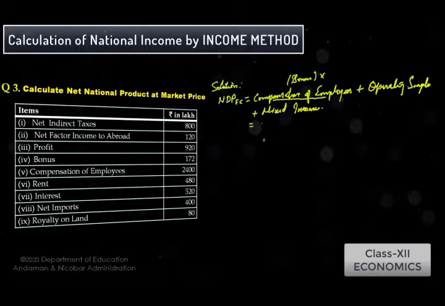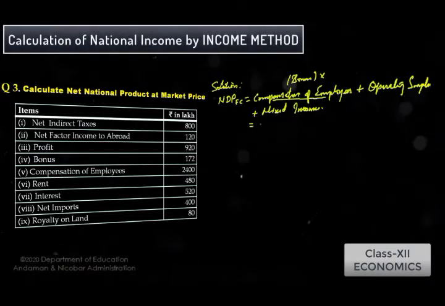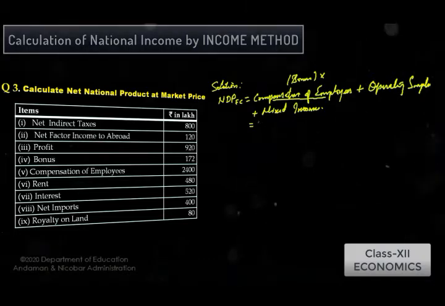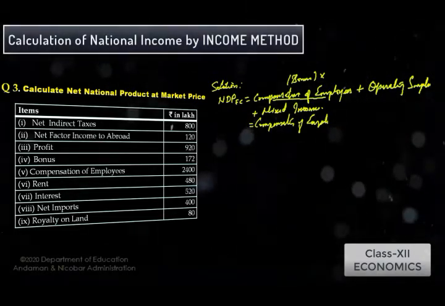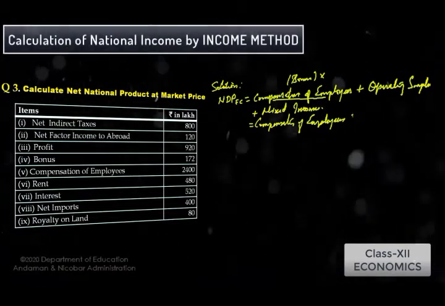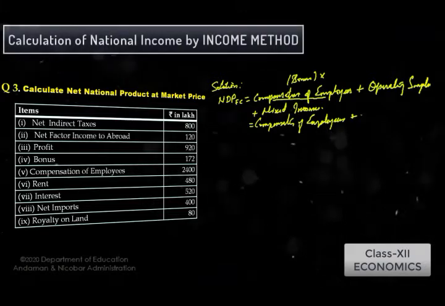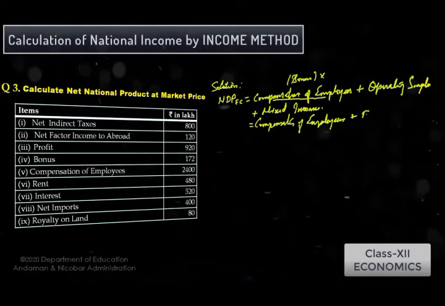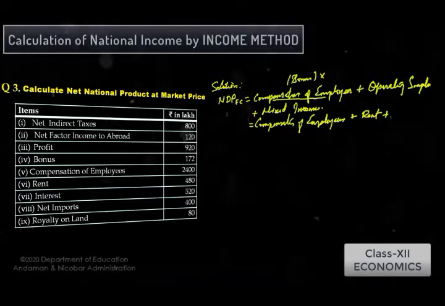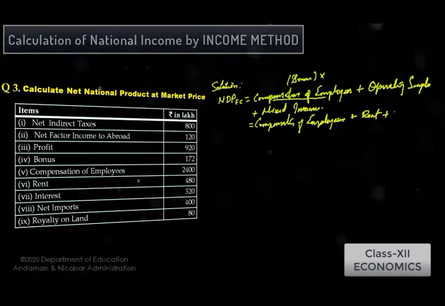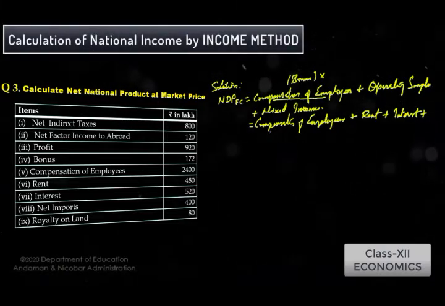So what we can write now, we will write the components, that is compensation of employees, with that the operating surplus value. First, in operating surplus, we have the value of rent, then the value of interest will be added, and along with this we will add the value of profit.